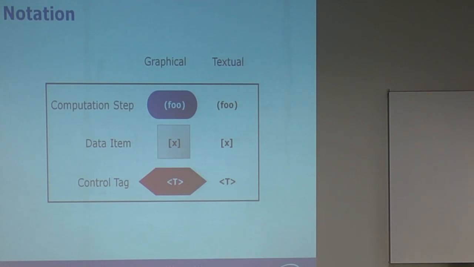X here in this case is a data item. And the textual notation is designed to correspond to how you draw on the board. And now we have this other thing called control tags, which I'll talk about in a minute, because that's the new thing here. That is a little different. Are there questions here? No.